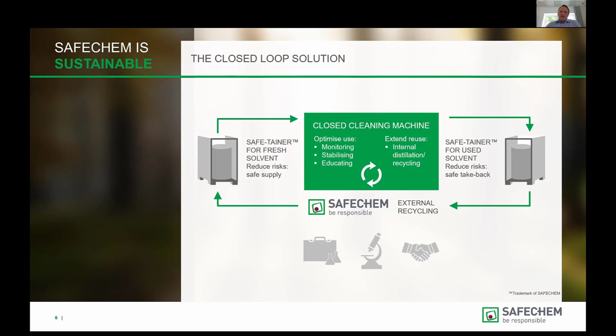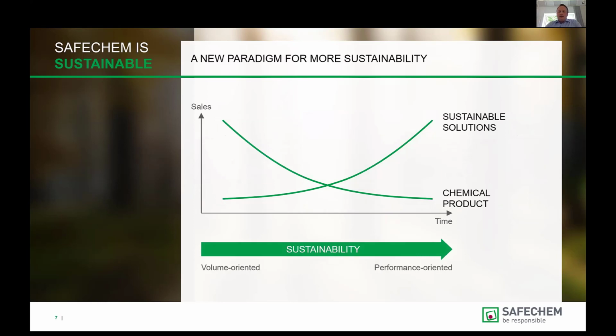So the process is extremely optimized at the customer side, and the result of that is that we sell less chemicals, obviously. The sales generated by the chemical product itself are going down continuously over time, and have been going down for almost 30 years that SafeChem has been active in the market.